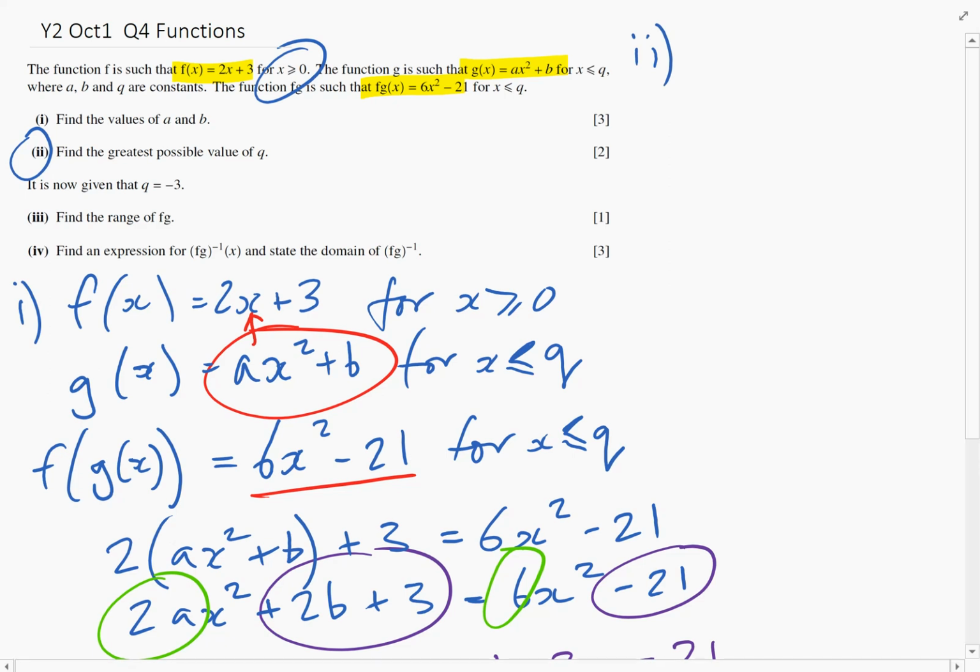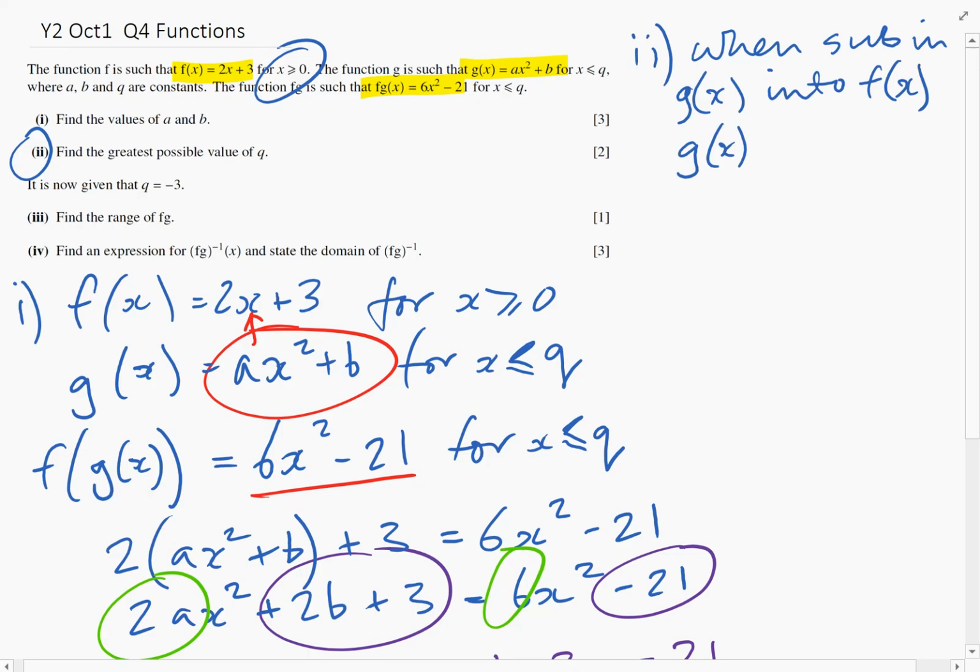So when we sub g(x) into f(x), g(x) must be positive, so g(x) must be greater than or equal to 0. Otherwise, we wouldn't fit the domain for f(x).